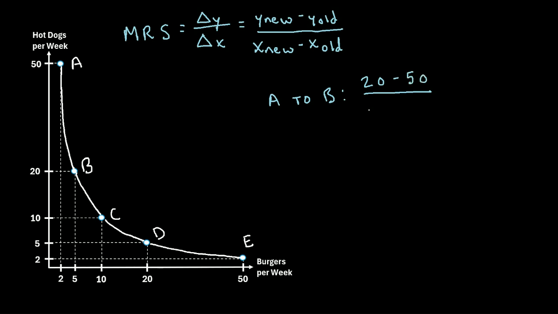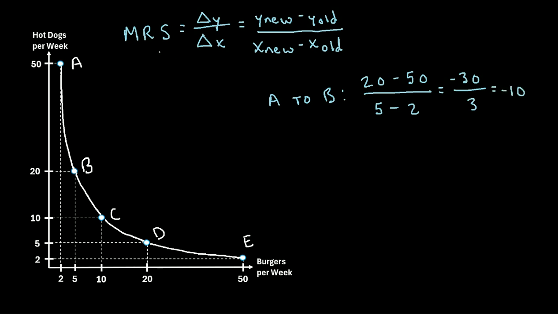Then in the denominator, we have x new minus x old. So the new x value at point B is 5 burgers per week. And then we subtract the old x value. At point A, that x value was 2. So if we simplify, we get 20 minus 50 is negative 30, divided by 5 minus 2 is 3. Negative 30 divided by 3 is negative 10.